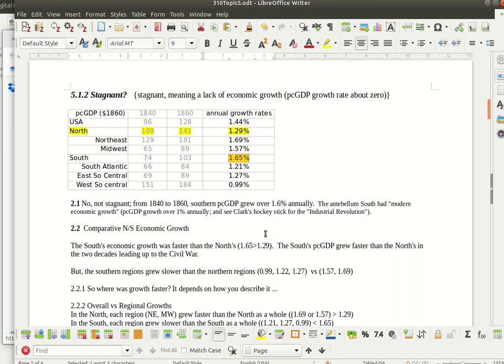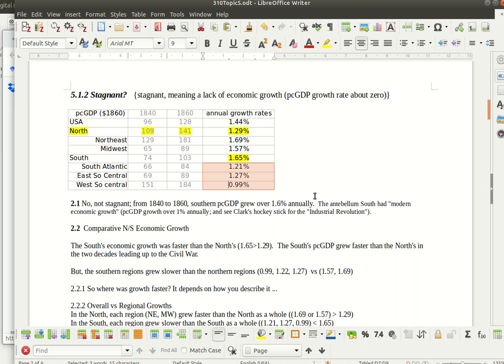However, those of you who look closely will say, wait a minute, within each of the northern regions, we see greater economic growth, about 1.6 or 1.7% per year, than we see in any of the southern regions. So we look at each section, north versus south.